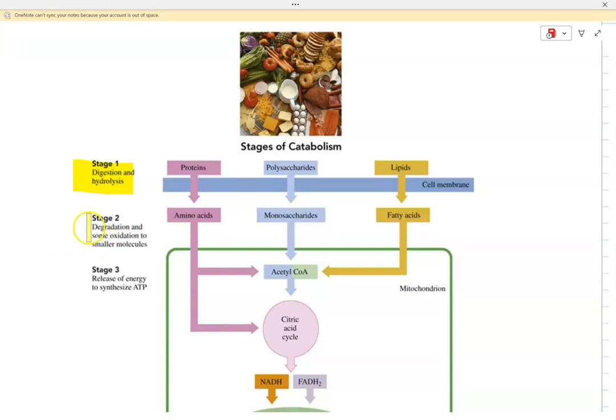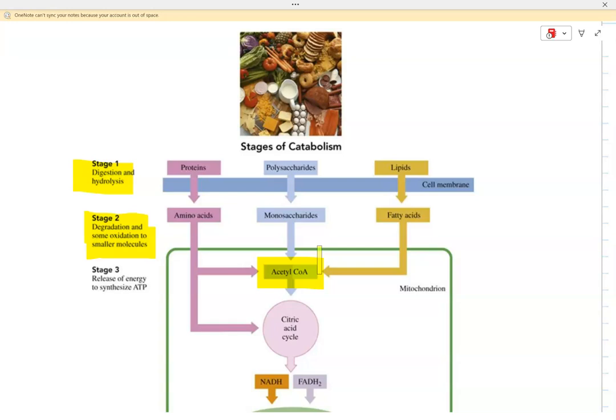Then amino acids, monosaccharides such as fructose, galactose, and glucose, and fatty acids are further catabolized, further broken down to a carbon intermediate called acetyl-CoA. So, a 2 carbon compound.